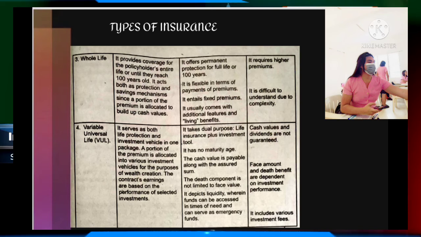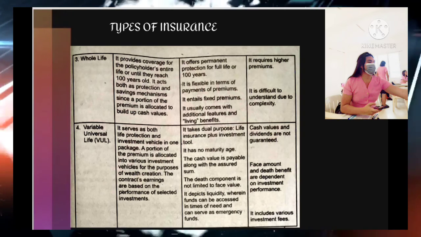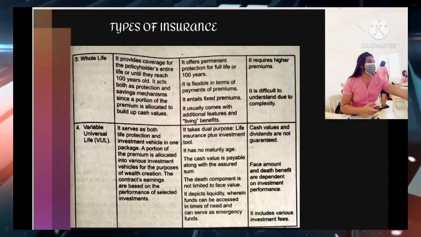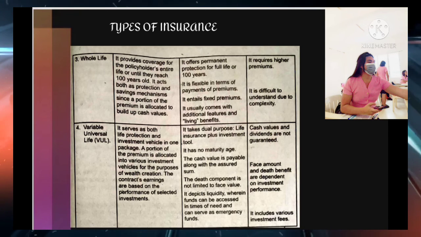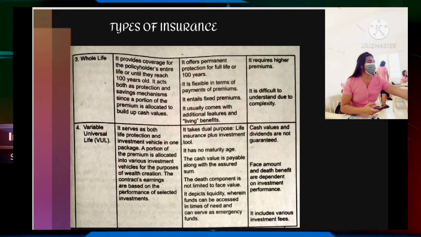It is flexible in terms of payment of premiums, and it entails fixed premiums. It usually comes with additional features and living benefits. The disadvantages: it incurs a higher premium. It is difficult to understand due to complexity. The fourth type is variable universal life or VUL.